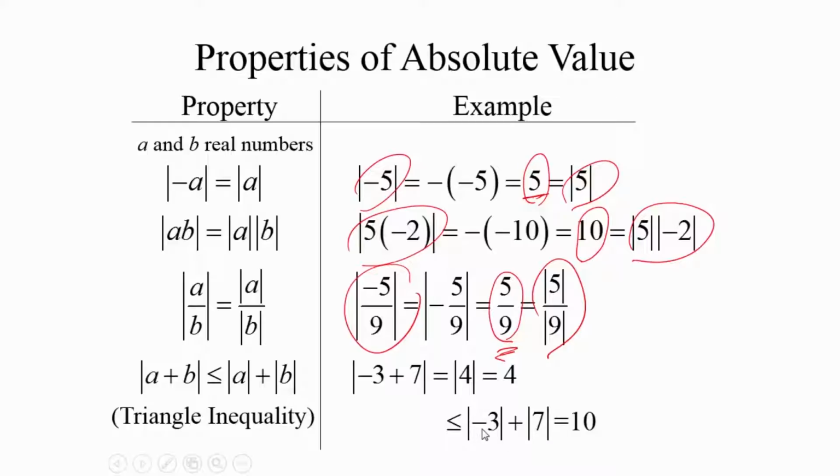Absolute value of minus 3 is 3. Absolute value of 7 is 7, so that is 10. So 10 is greater than or equal to 4. That's what it says. When you separate them, it would make it greater or equal. In this case, it made it greater when you separated them.